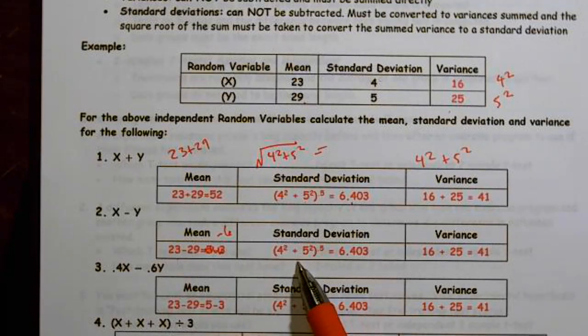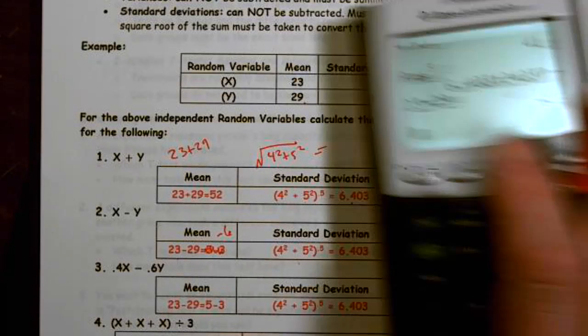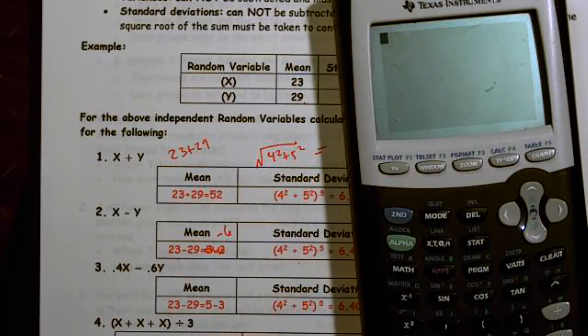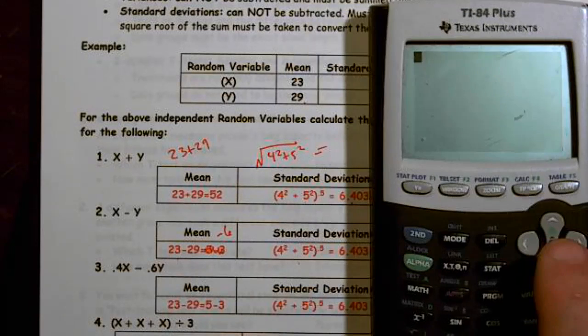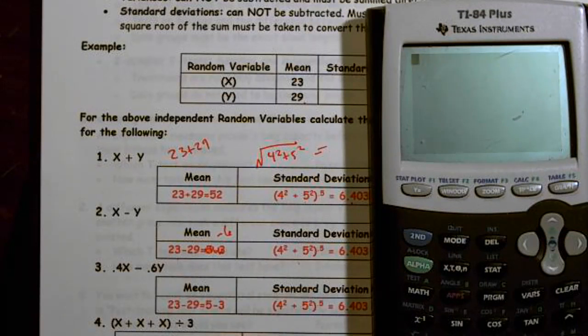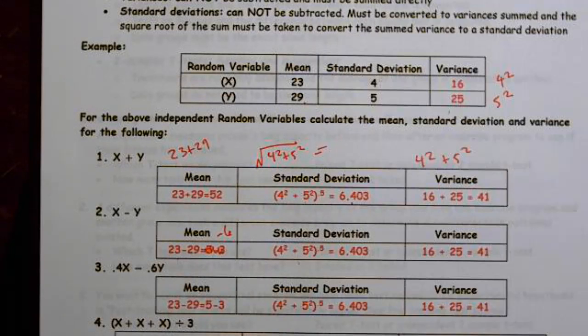We can't subtract standard deviations. We can only square. So for standard deviation, even though it says subtract, we change that negative sign to a plus sign. And once again, we go 4 squared plus 5 squared, and I take the square root of that. However, variances are just 4 squared plus 5 squared, and we're done.